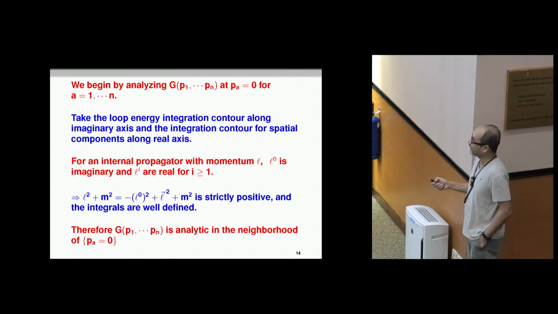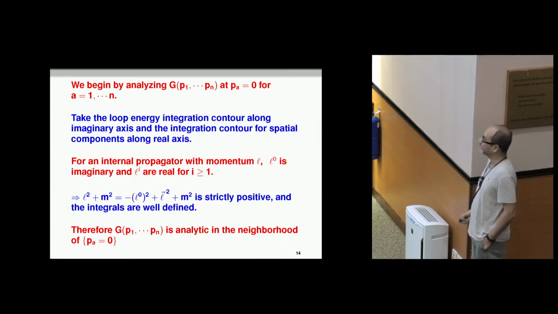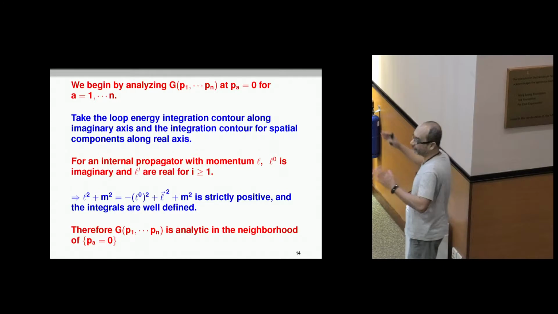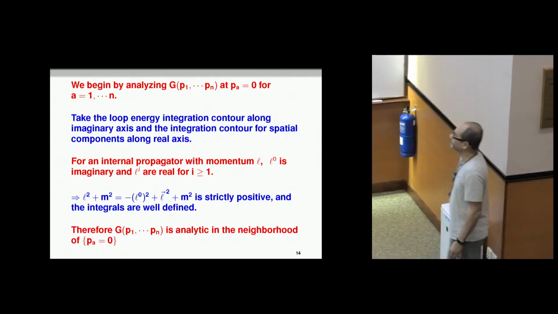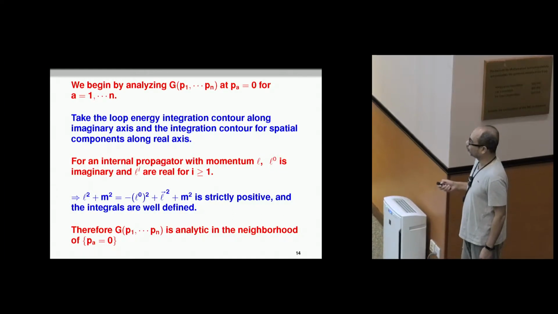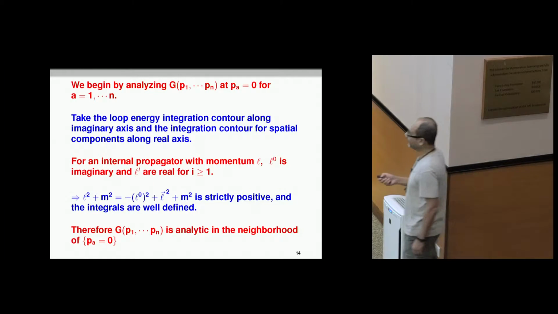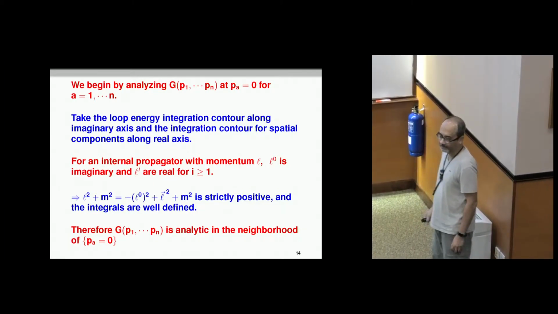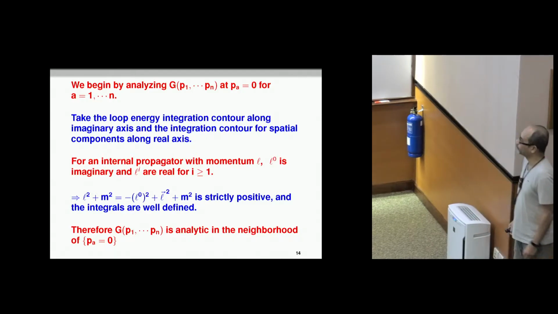So L square plus m square is strictly positive, because it's minus L0 square plus L vector square plus m square. So the integrals are perfectly well defined. There are no poles and it falls off at plus minus infinity. This leads us to the conclusion that G is analytic in the neighborhood of P_a equal to 0. This will fail if there are massless particles, because if the mass is 0, this can still vanish along the integration contour.